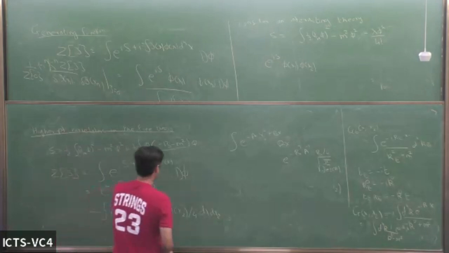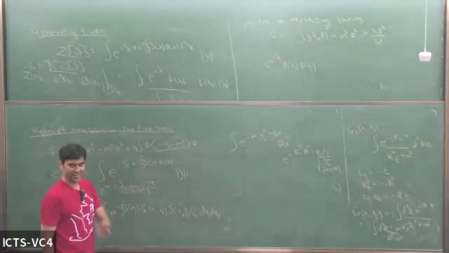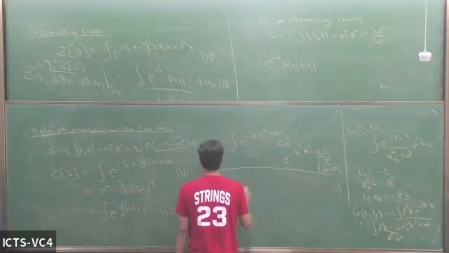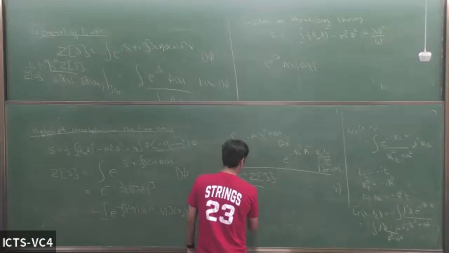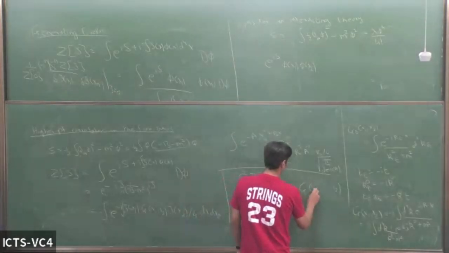I'm sorry about this sign. I'll try and figure it out next time. It's unimportant. The main point is that we already know that delta 2 by delta j of x1 delta j of x2 of this is equal to g of x1 x2.